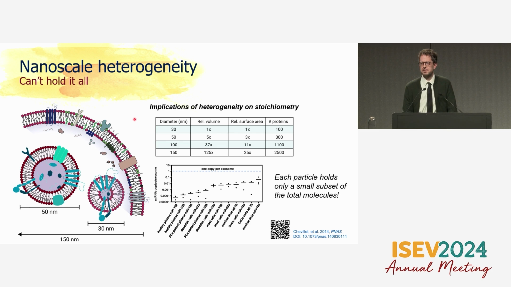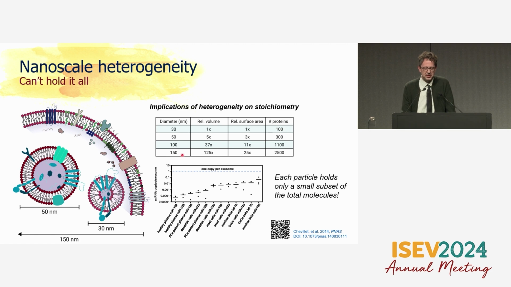You can do some pretty simple thought experiments where you consider the average size of a membrane protein, a few nanometers squared, and you can figure out the surface area of a typical vesicle, and just do some simple math. If a 30 nanometer vesicle was completely packed with membrane proteins, as much as it could be, meaning there are no lipids, you could hold about 100 single proteins. Of course, we know that the bulk material in the lipid membrane is lipids, so the real number is much lower.